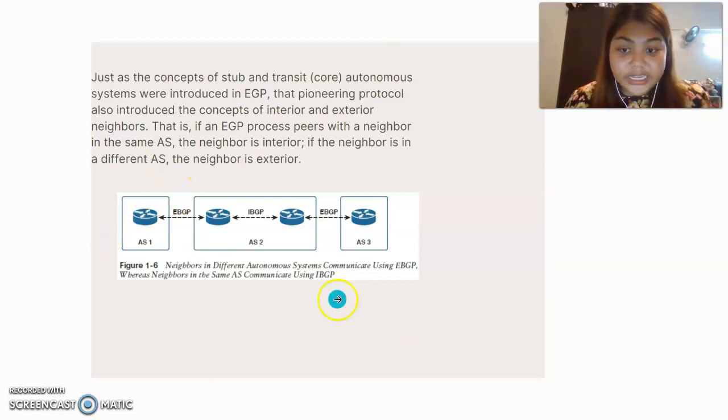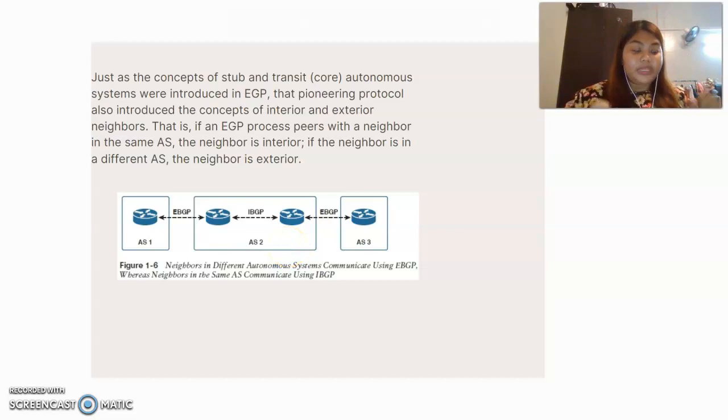While the second one, in autonomous system 2, we have IBGP. Why? Because in the small network, in the autonomous system, in the one network, they have another router that is nearest to the way to send the packet, the destination of the packet.